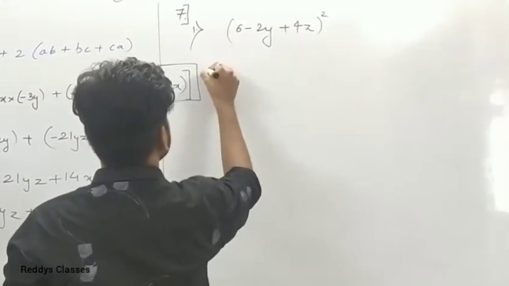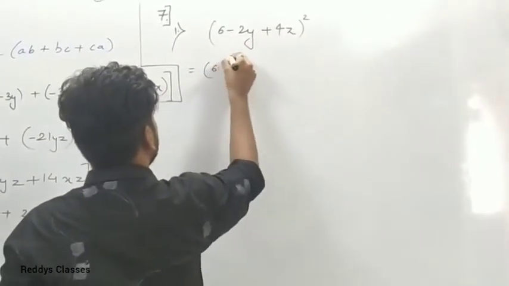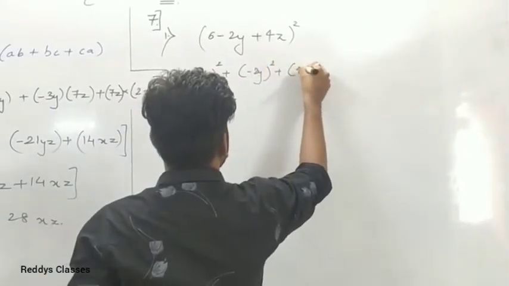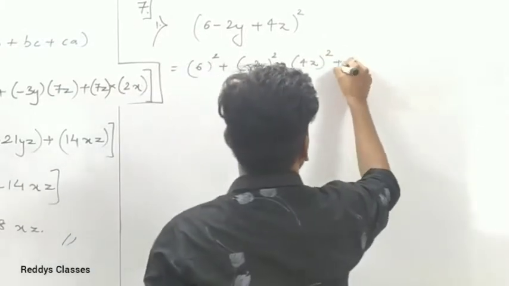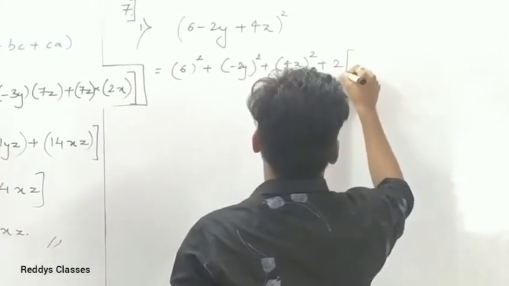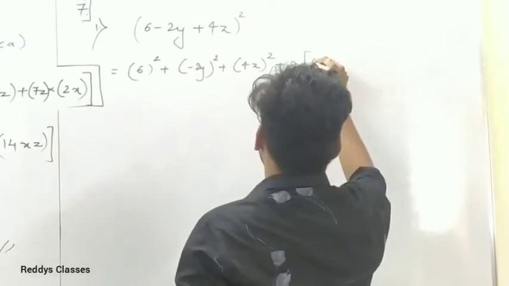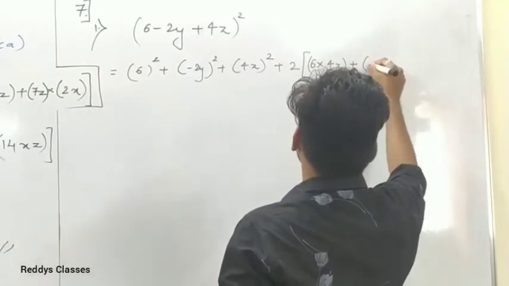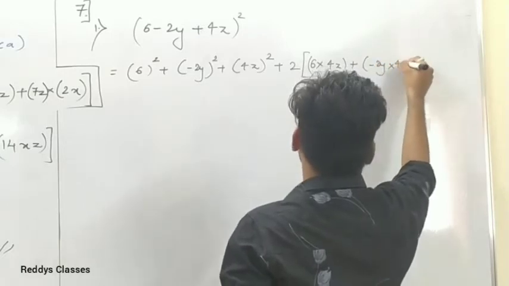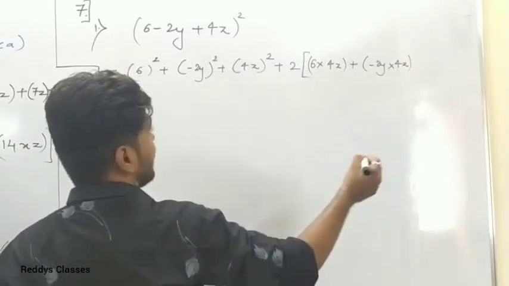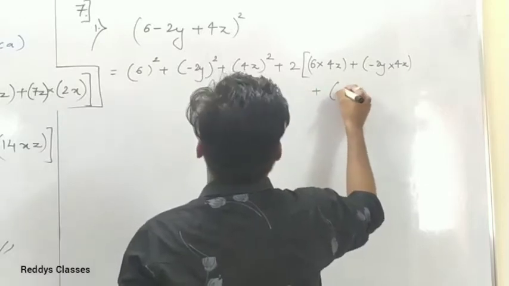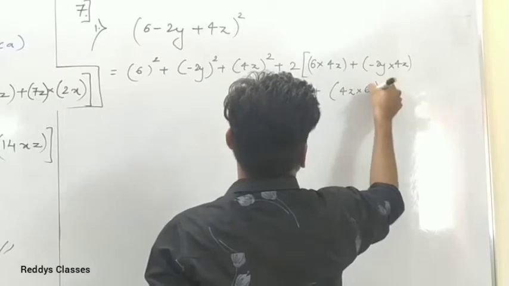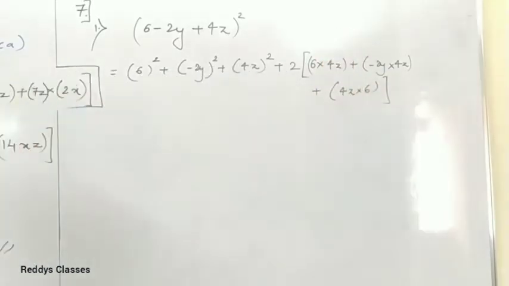Shall I use it like this? a square plus b square plus c square plus 2 times ab plus bc, I don't have place here, I am writing here, and ca is 4z into 6. Here I close the bracket.